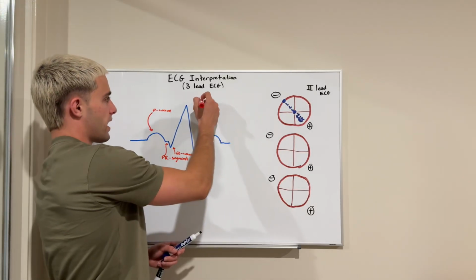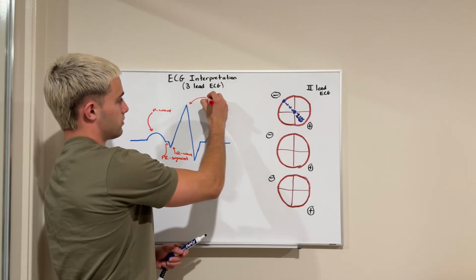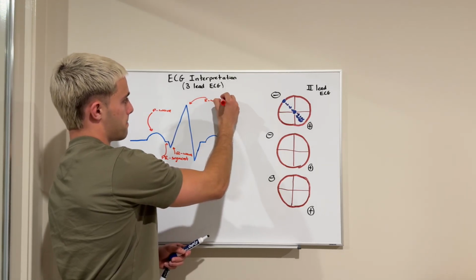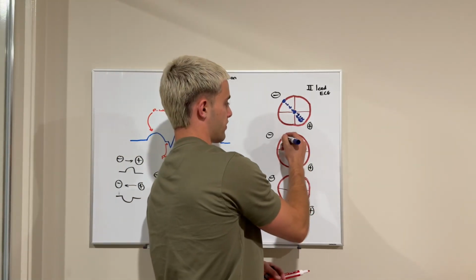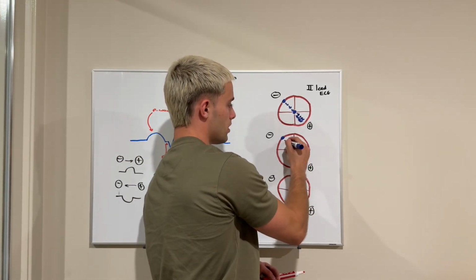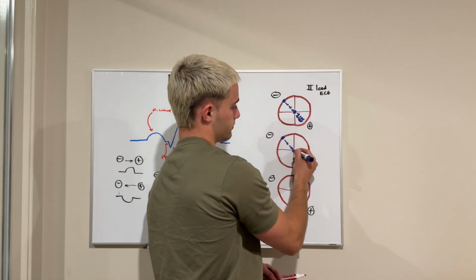After that, we have the big R wave. And the R wave is so great because, first of all, we have the SA node sending action potentials to the AV node.